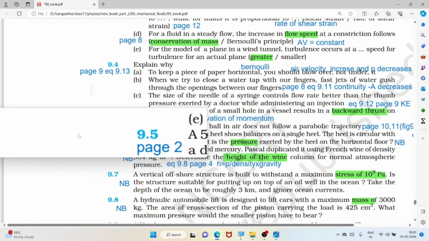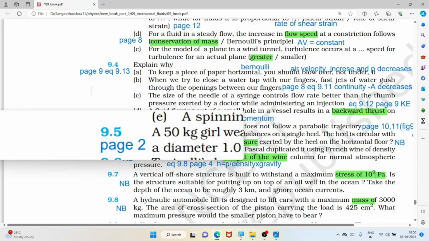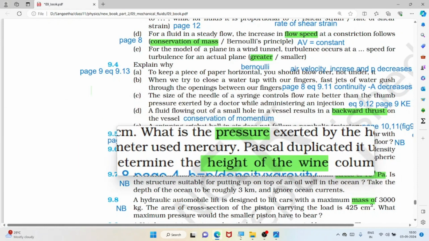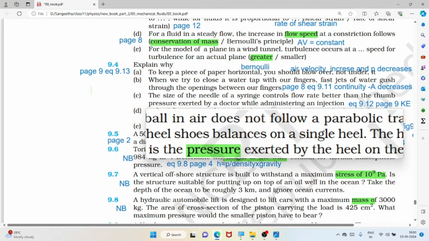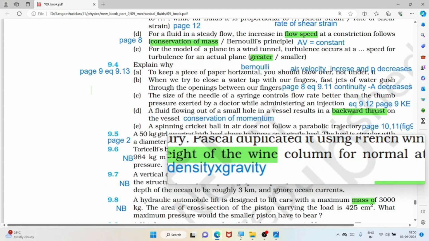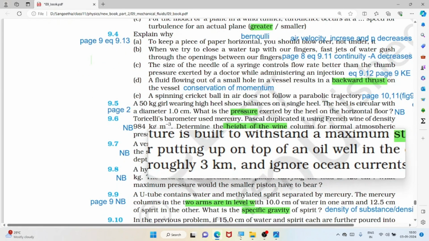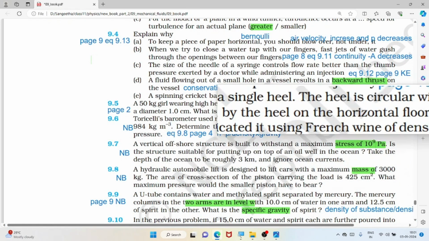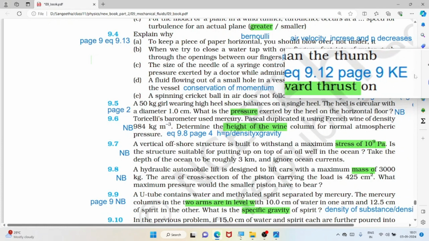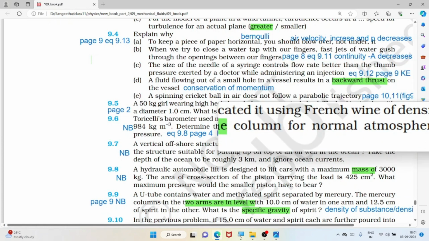When we try to close a water tap with our fingers, the jet of water speeds up, because AV equal to constant: we are reducing the area, so velocity will increase. Law of continuity. I already showed AV equal to constant. In the size of the needle of a syringe, kinetic energy depends on velocity to the power square.